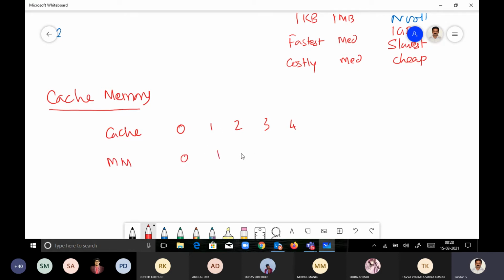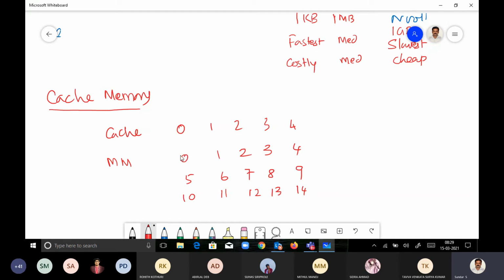Let us take 0 to 14. These numbers are all locations. Usually addresses are in hexadecimal, but for understanding's sake, let me use decimal.